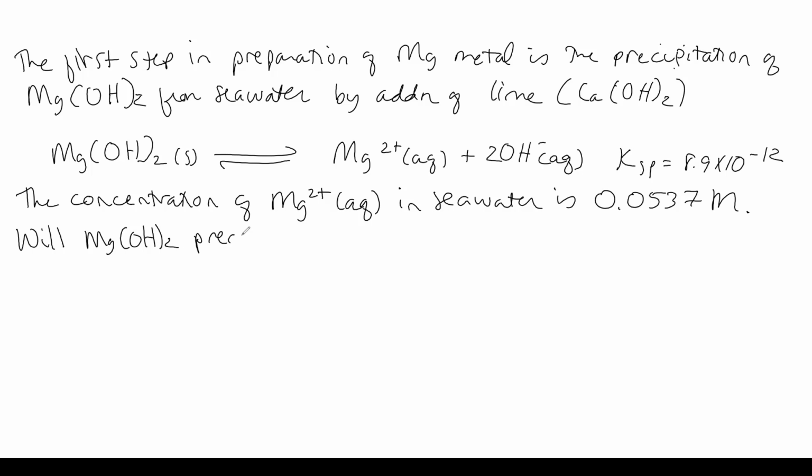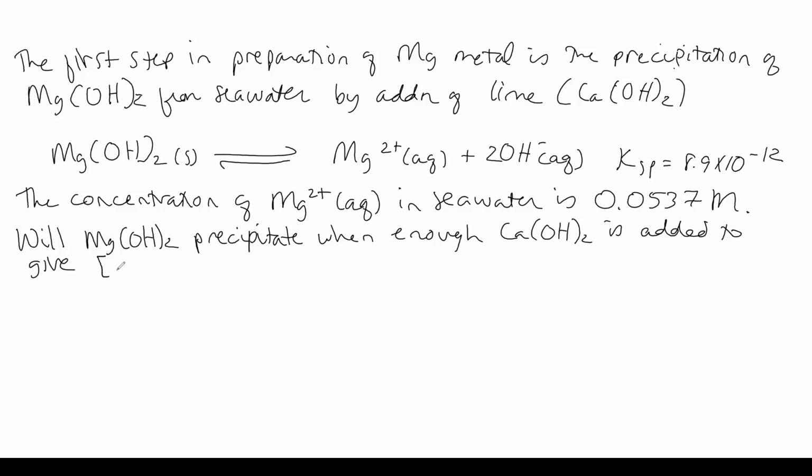Okay. So the question is, will magnesium hydroxide precipitate when enough calcium hydroxide is added to give hydroxide ion concentration equal to 0.0010 molar?